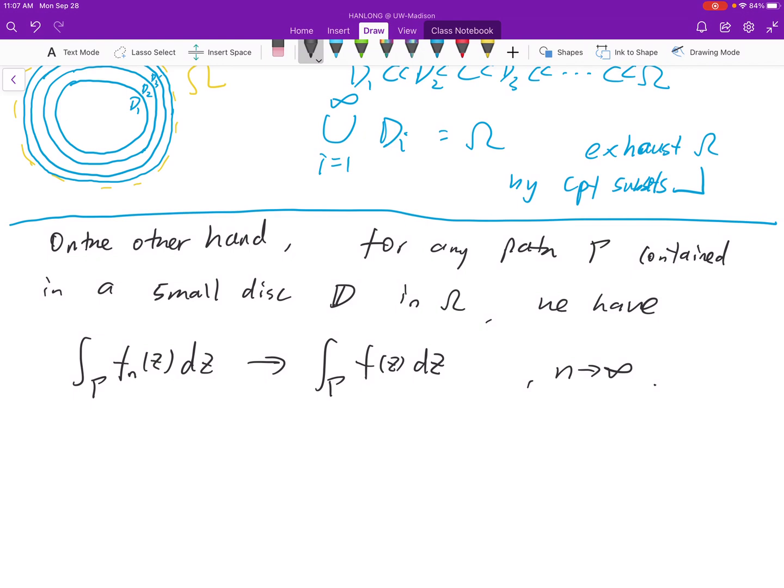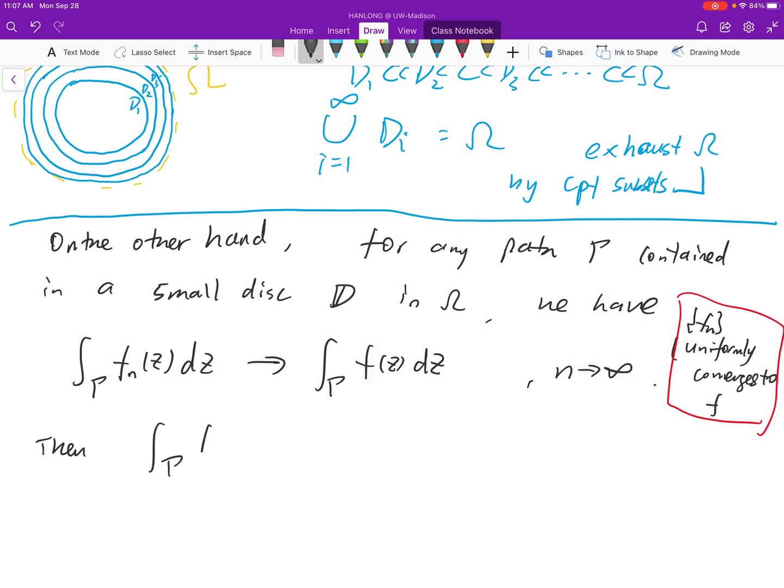This is because Fn uniformly converges to F. Then we conclude this is true.